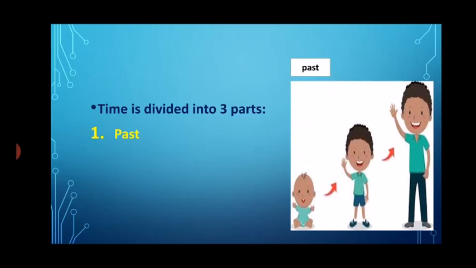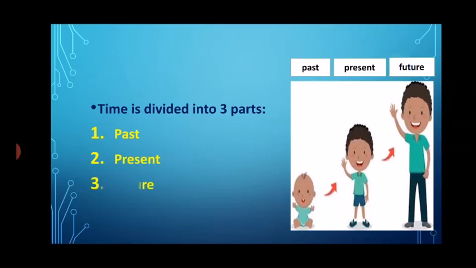And then you have the present. That is now. Present. See, you're around 8 years old. So, this is how you look now. And then you have the future. Future means tomorrow. Okay? So, past means yesterday, whatever happened before, and present means now, whatever is happening today, and future is what will happen tomorrow.